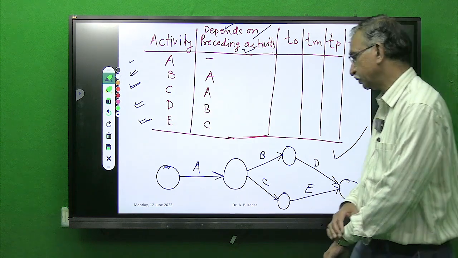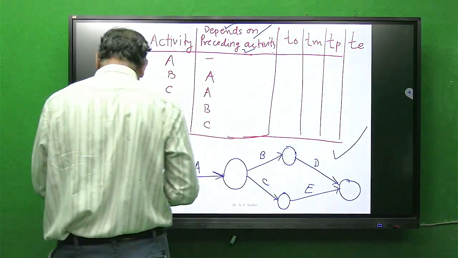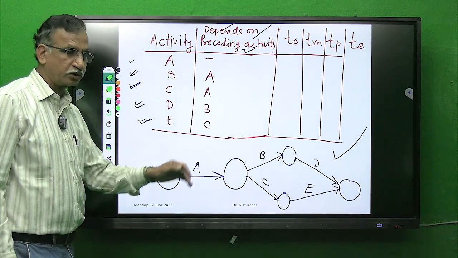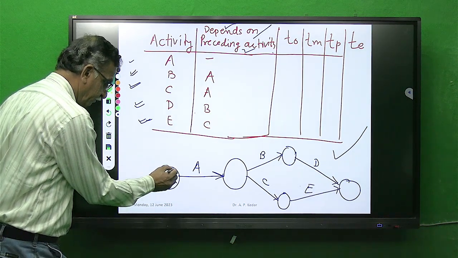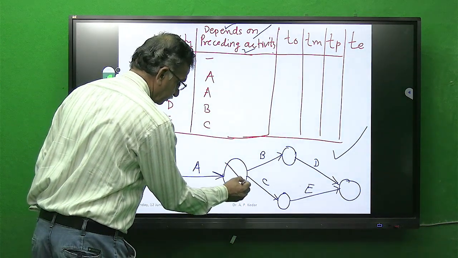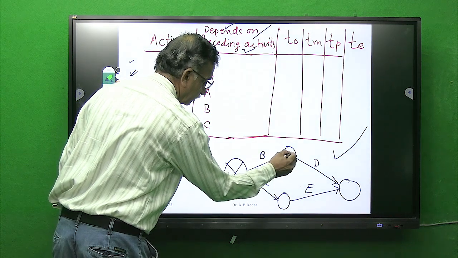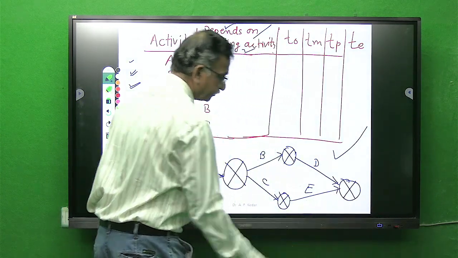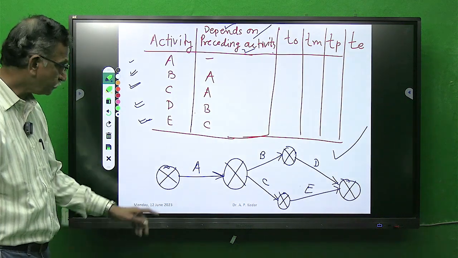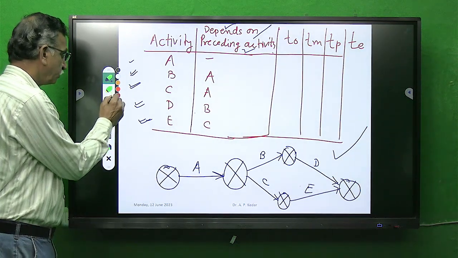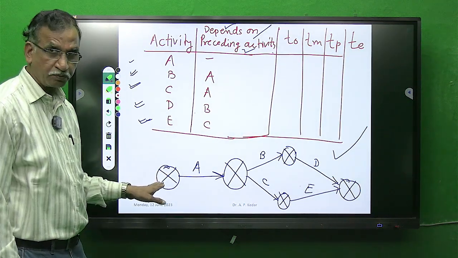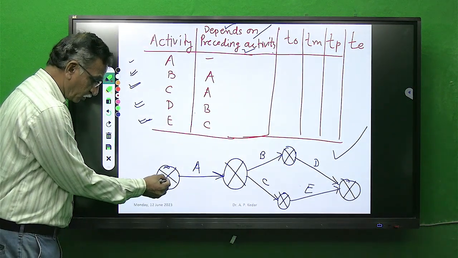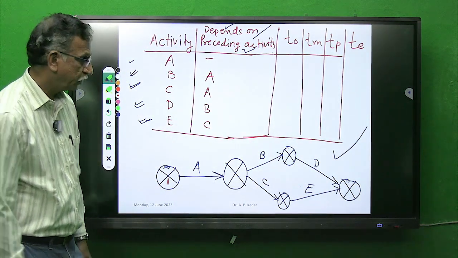And now you know one method of numbering the events, left to right, top to bottom. Suppose we want to number this particular network. Let's have the practice again. So we count the number of events, 1, 2, 3, 4, 5. This is the location of event number 1.